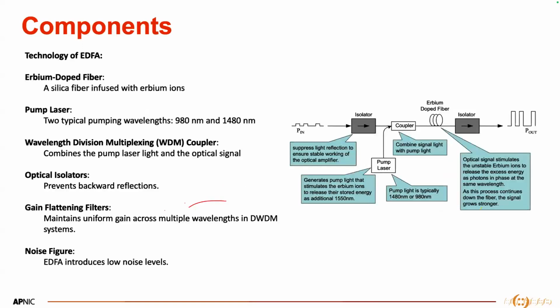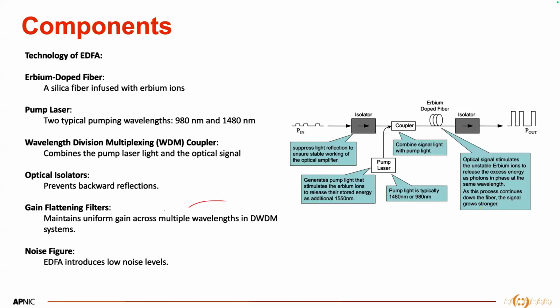There are some components in the EDFA, or erbium doped fiber amplifier. It involves the erbium doped fiber, the laser pump, the WDM coupler, the optical isolators, the gain flattening filters, and noise figure.